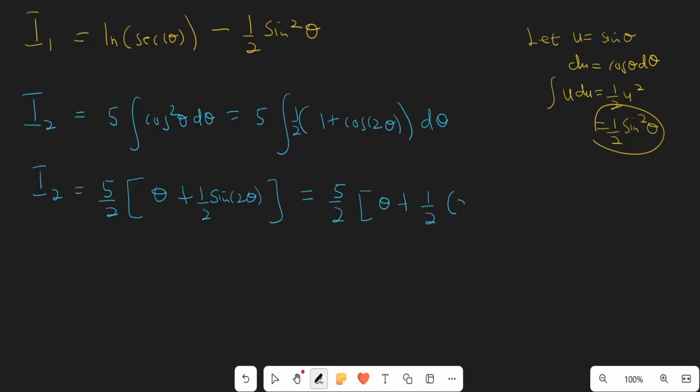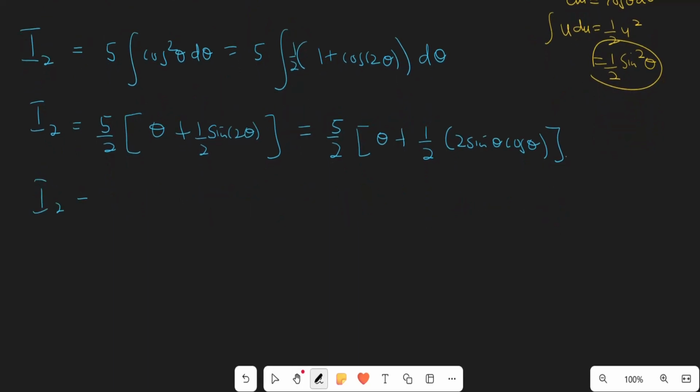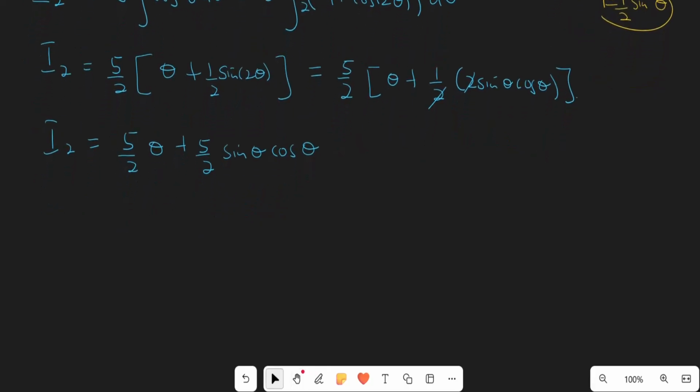Sine of 2 theta can be written as 2 sine of theta cosine of theta. So I2 is going to be what? This one cancels that, and we are going to have 5 over 2 theta plus 5 over 2 sine of theta cosine of theta. And this is the value of the second integral.